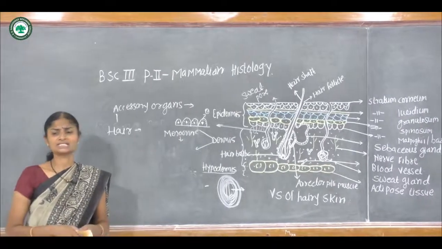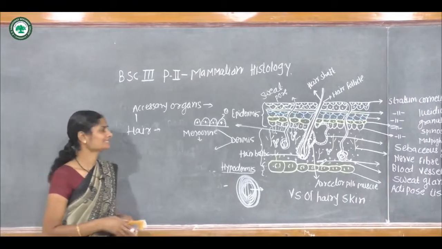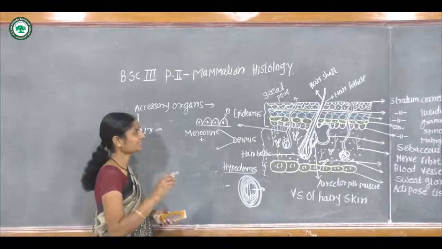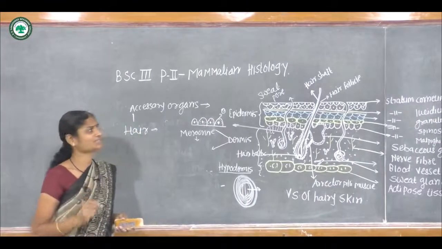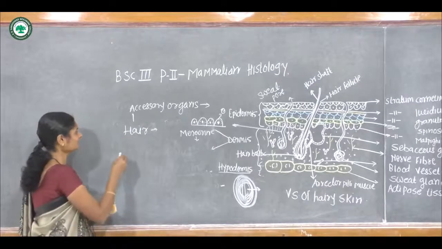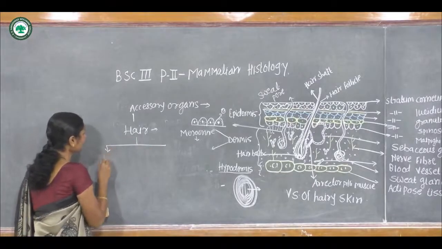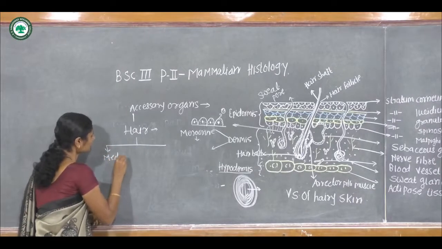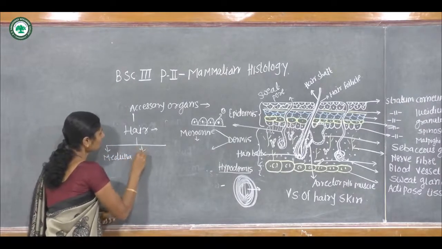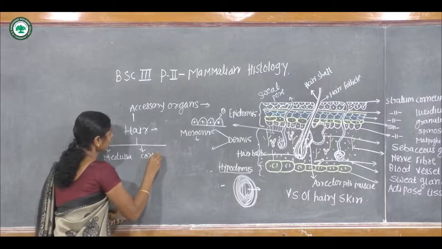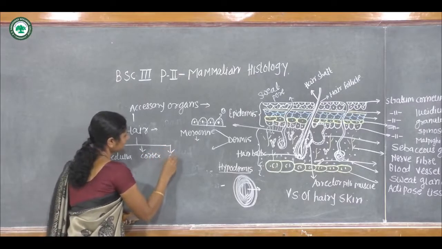Now the basic structure of the hair shaft. When a transverse section is taken, the shaft shows three regions: medulla, cortex and cuticle.